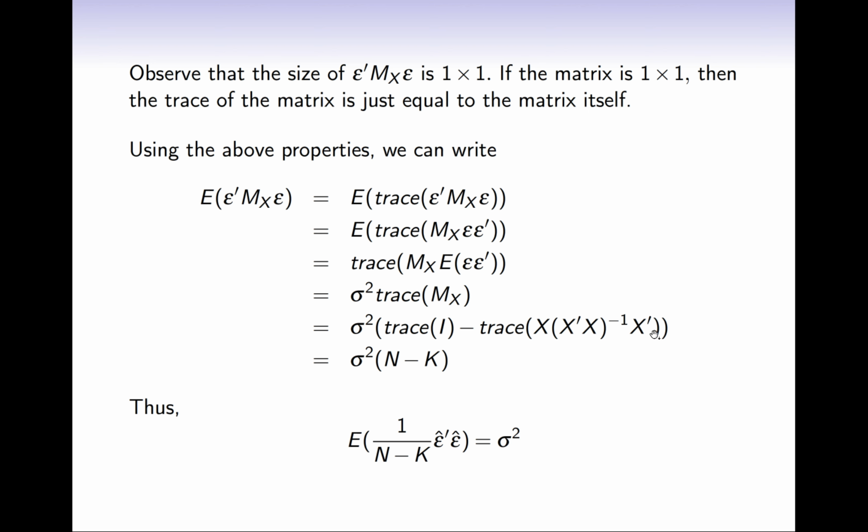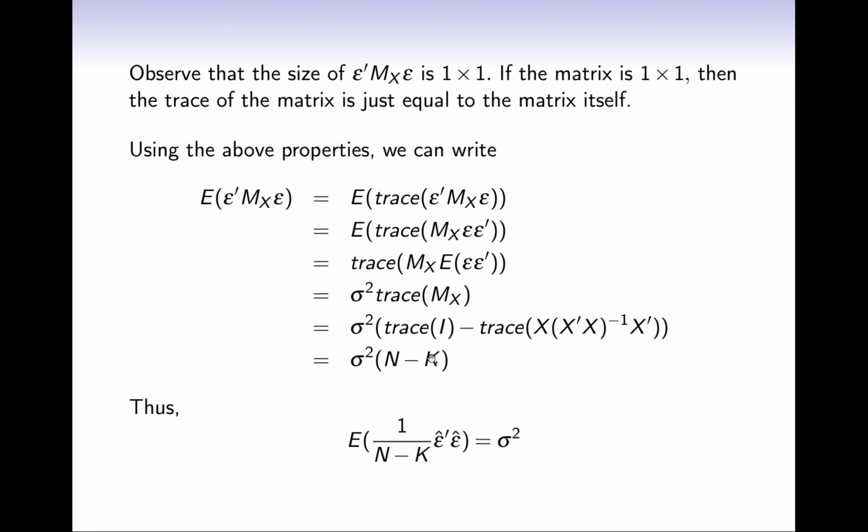Then you get trace of I again, because these things cancel to form the identity matrix. But in this case, it's a k by k identity matrix, right? This is an n by n identity matrix. This one is k by k. So therefore, the trace of a k by k identity matrix is k. All right? So we get sigma squared times n minus k.